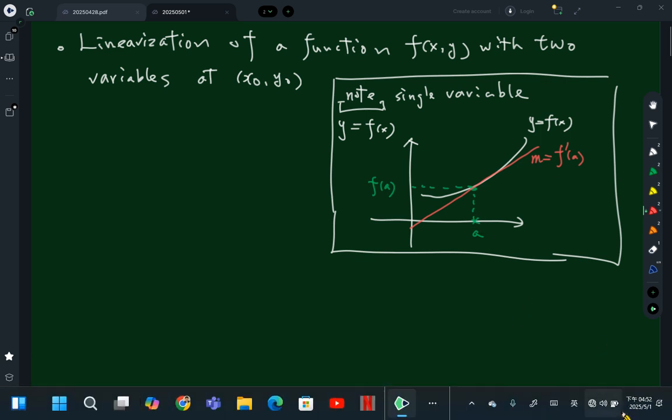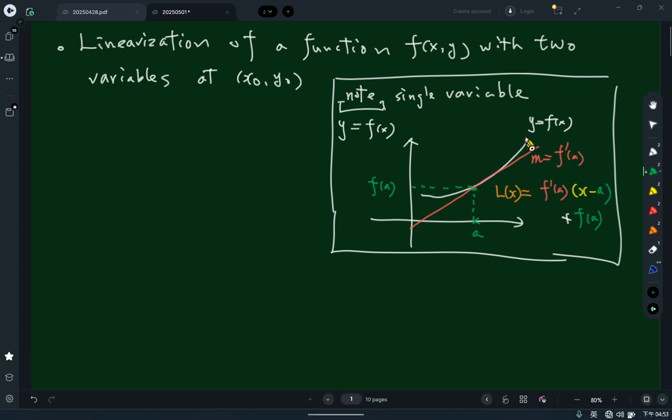So we define L of x is equal to f prime a times x minus a plus f of a. Then we say this is the linearization for y is equal to f of x at x is equal to a.